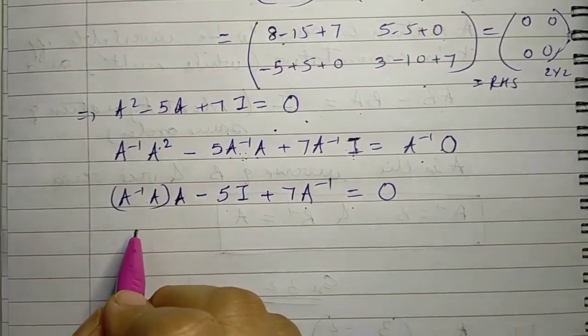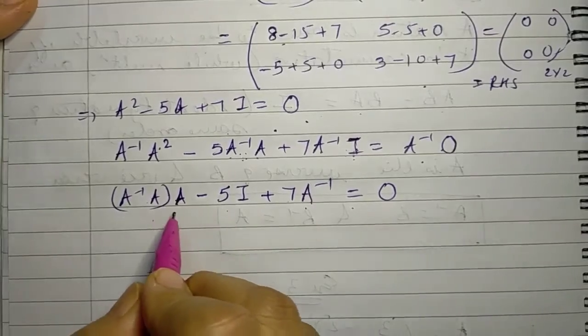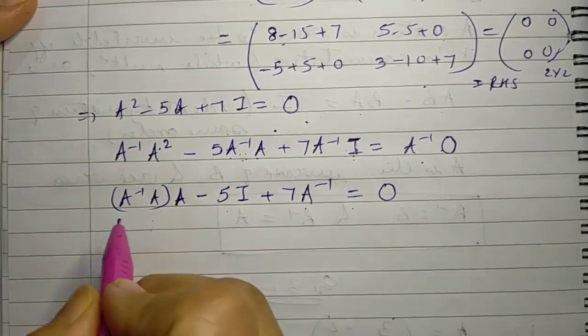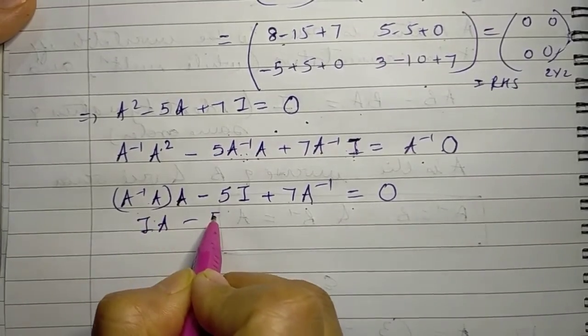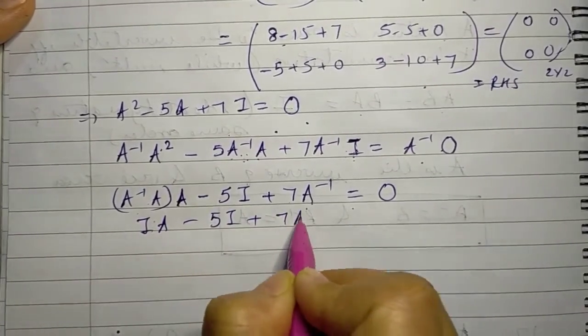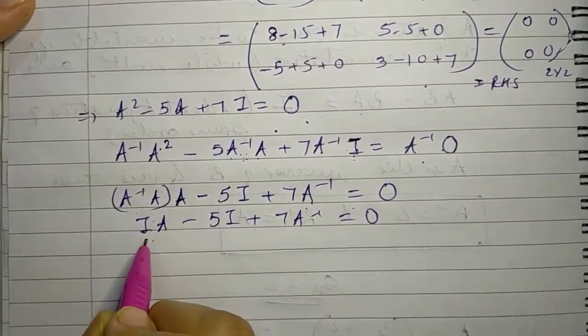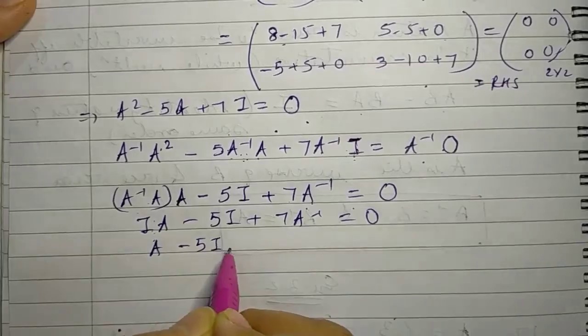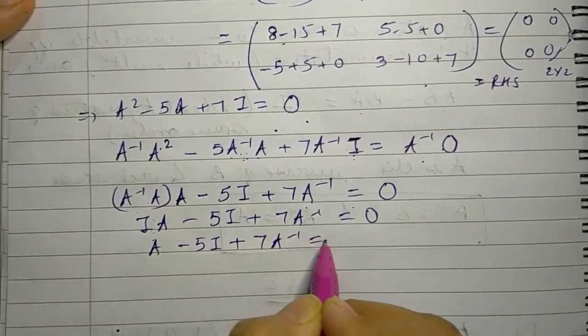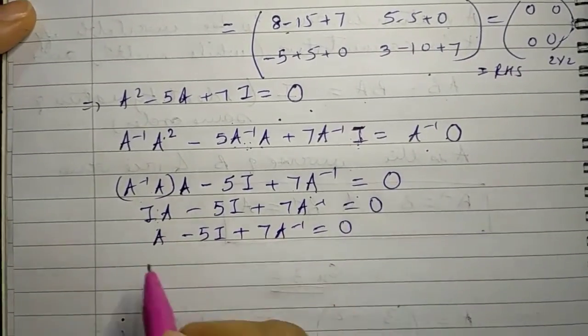So now what we get is, first of all, we solve this. In place of this, we'll again write IA minus 5I plus 7A inverse equal to O. Now IA is again A, minus 5I plus 7A inverse equal to O. We solve for A inverse.